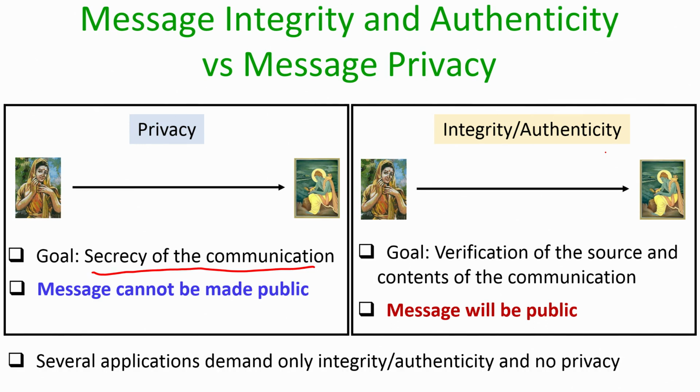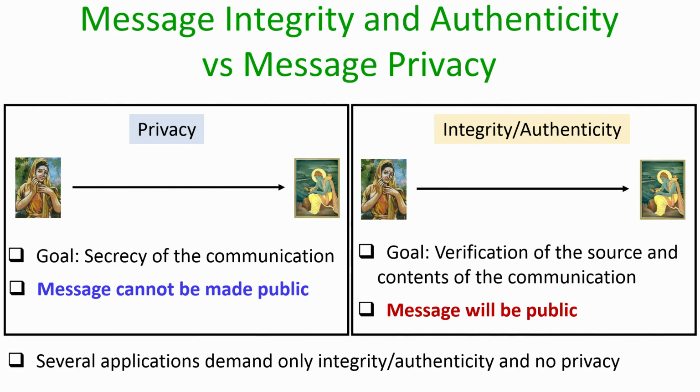It turns out that there are several application scenarios where the requirement is only to ensure integrity and authenticity and not privacy. For example, consider an RFID application where a user shows a smart card before entering a building. There the goal is to achieve only integrity and authenticity. Namely, the goal is to ensure that only legitimate users are allowed to enter the building, whereas a user who is not supposed to enter the building should not be given access.